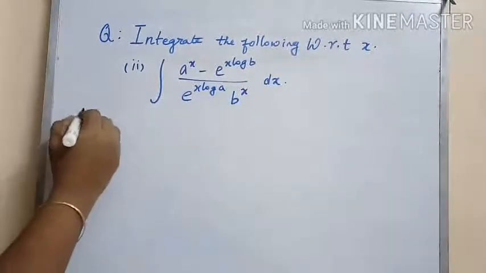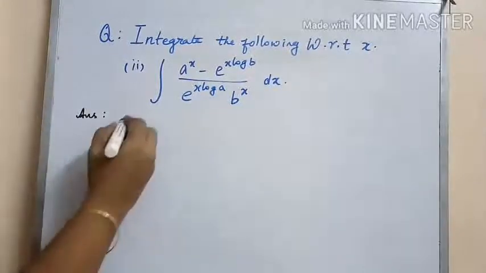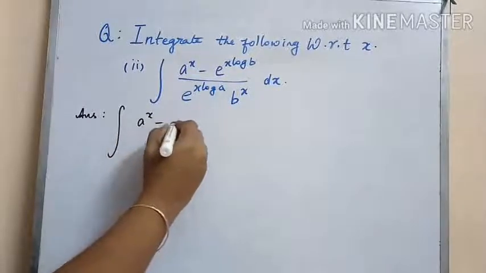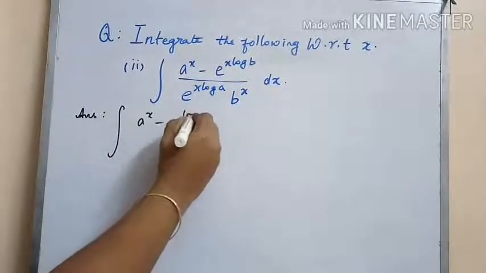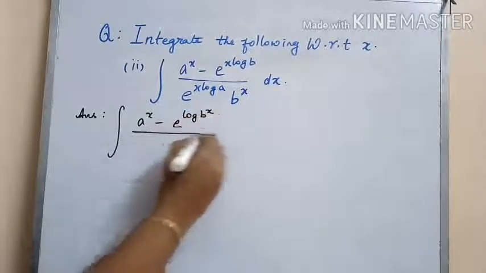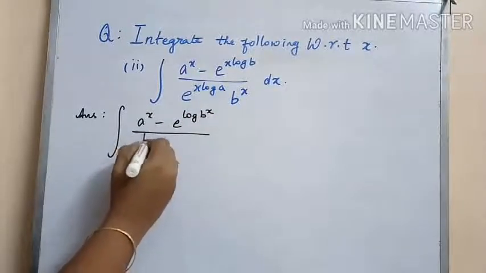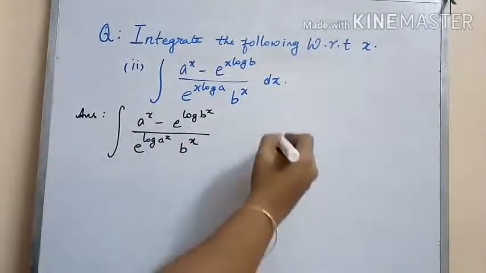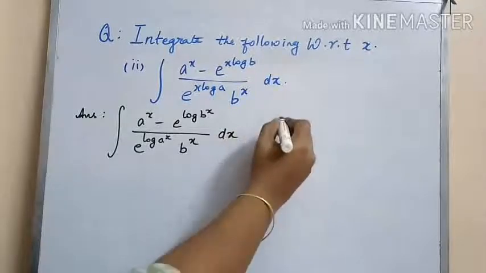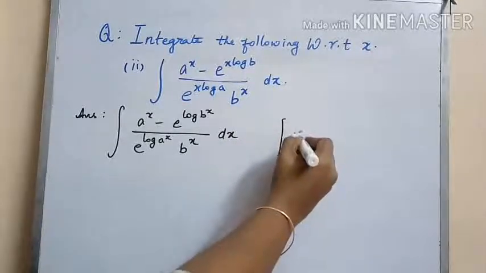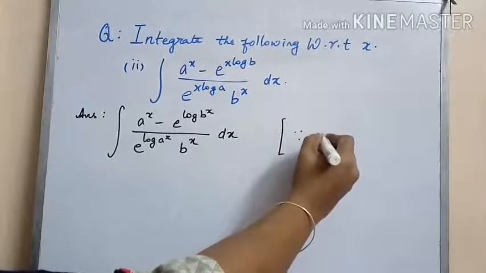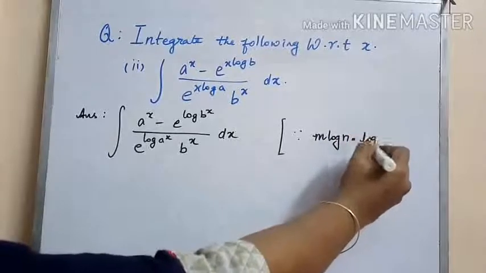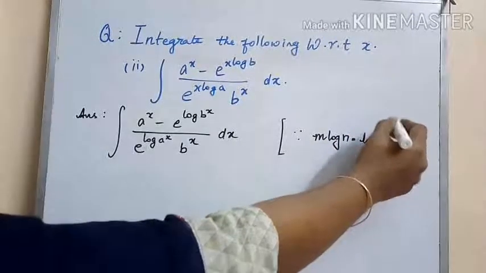The second problem for today's session is integral of a to the power of x minus e to the power of x log b by e to the power of x log a into dx. As we have seen in the previous problem, e to the power of x log b can be written as e to the power of log b to the power of x, and in the denominator we have e to the power of x log a, which can be written as e to the power of log a to the power of x.